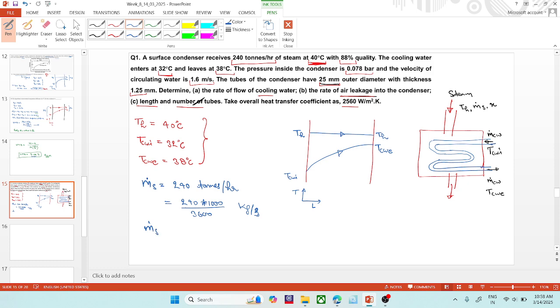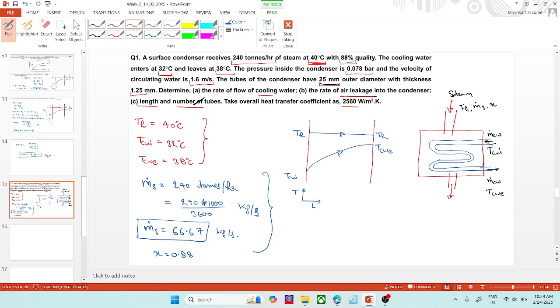So the m dot s, when we solve it, comes to 66.67 kg per second. Okay, so these are the things, and the provided quality of the steam is x equals 0.88. So this is the set of things provided.